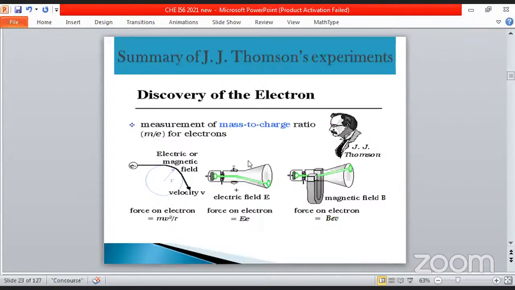This is the negative plate there. But since this is a negatively charged particle, it is deflected towards the positive plate. In a magnetic field, it goes in the opposite direction and moves in a circular arc. That's the summary of what we did last week.